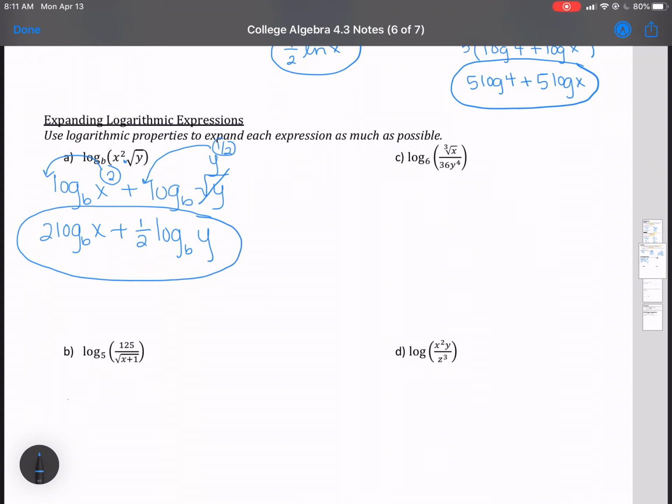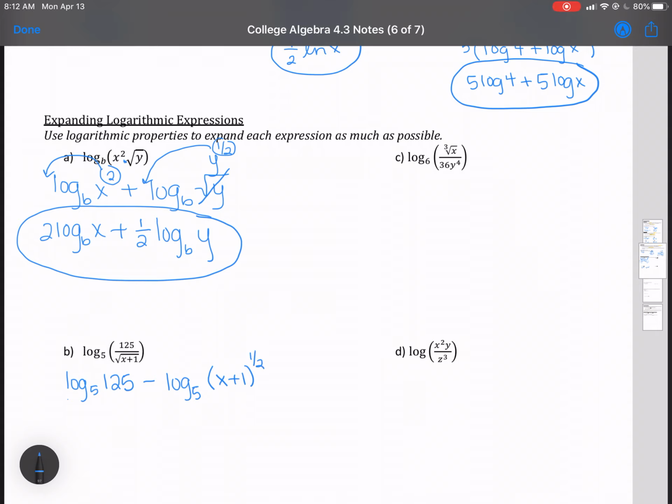Okay, looking down at b, we have log base 5 of 125 divided by the square root of x plus 1. So that becomes log base 5 of 125 minus log base 5 of the square root of x plus 1. I'm going to go ahead and write that as the quantity of x plus 1 to the 1/2 power.